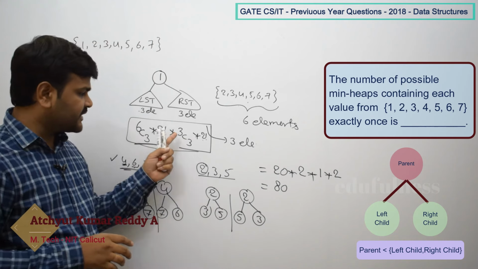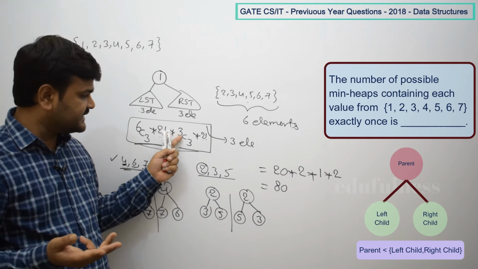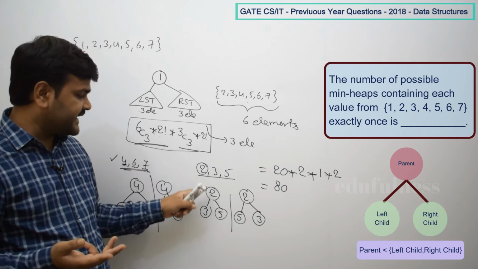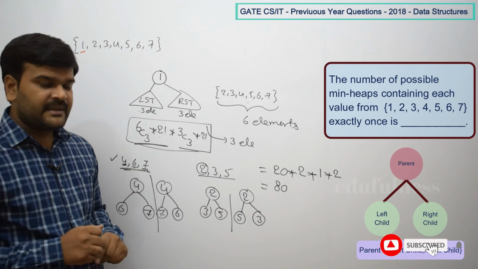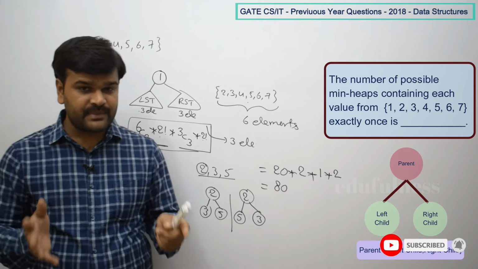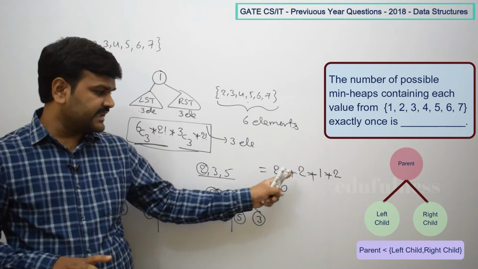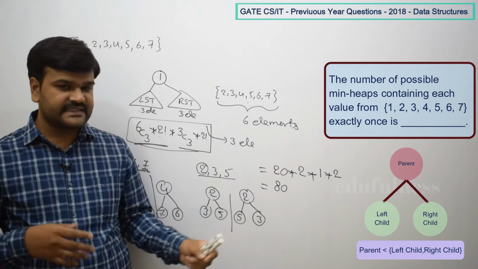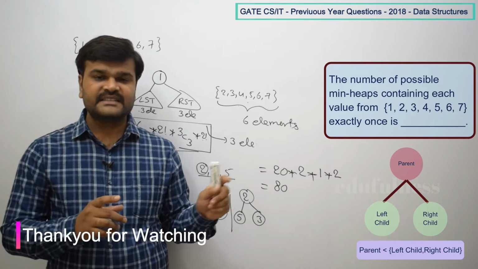So you can write directly into 1 because 3 elements, or as per the procedure 3C3, into again the same discussion here, into 2 factorial. Because both events are compulsory, that is why we are going for multiplication. If you calculate this expression, we are going to get 80. That means 80 min heaps are possible for these 7 elements.